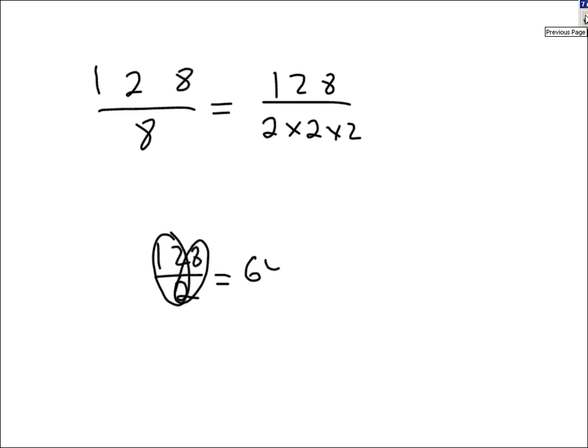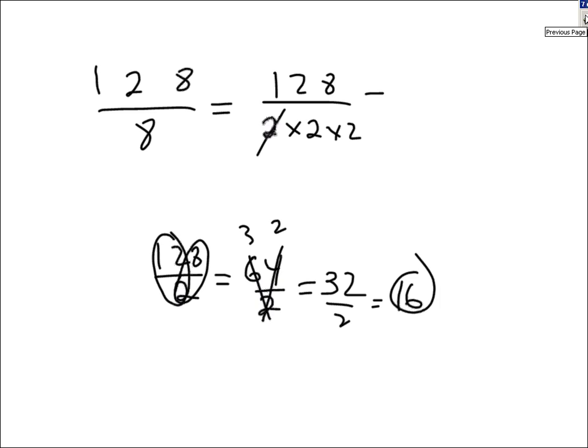I see the 64. Divide 64 by 2. 32. I see that in my head. 2 goes into 6 3 times. 2 goes into 4 2 times. 32 divided by 2, you should know that. It's 16. Here's the answer. 128 divided by 8 is 16.